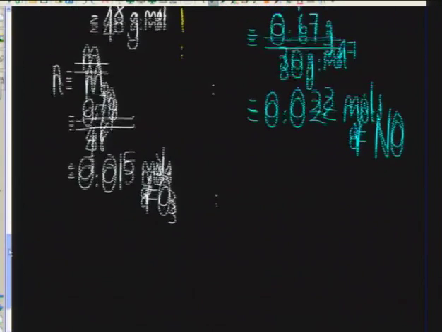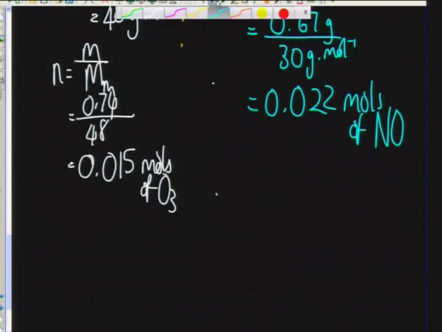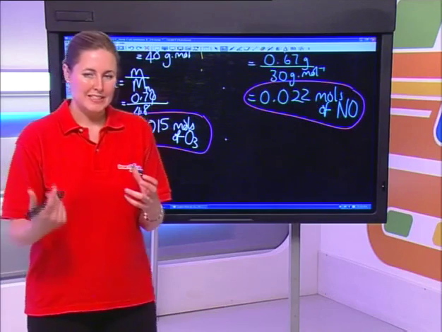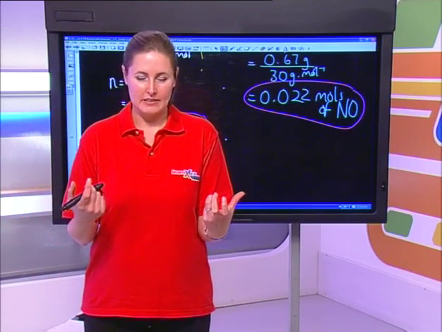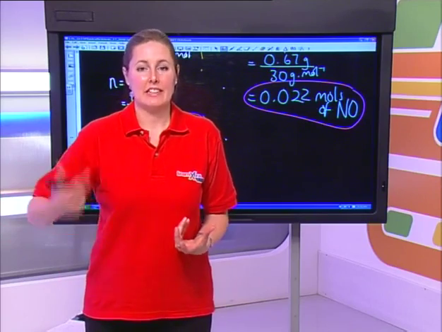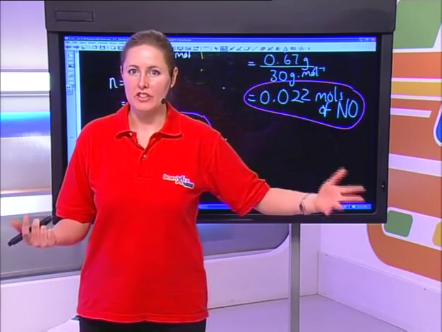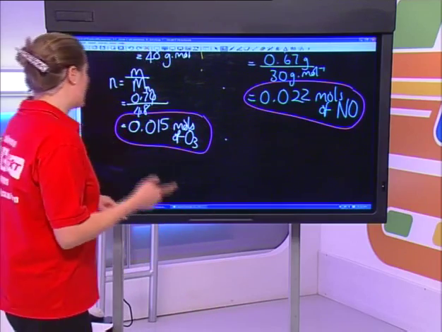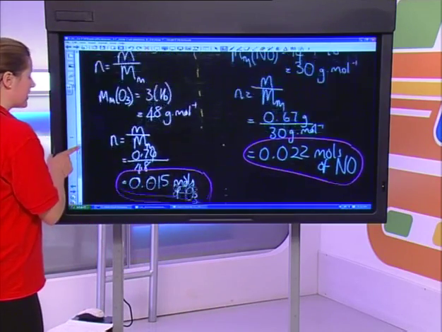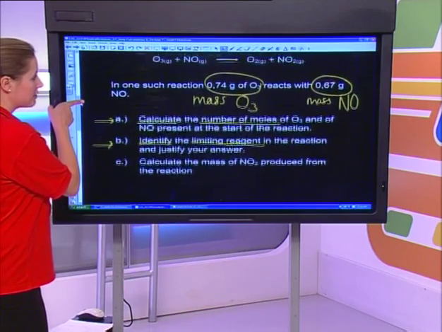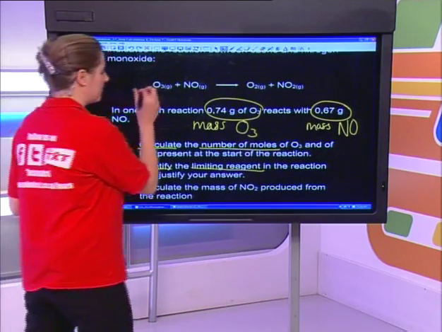Now I want us to compare these two numbers. We need to work out which one will be limiting and which one will be in excess. Limiting means it's going to run out. Excess means there's going to be extra. So first, before we look at the numbers, I want us to go back to the original equation and check.